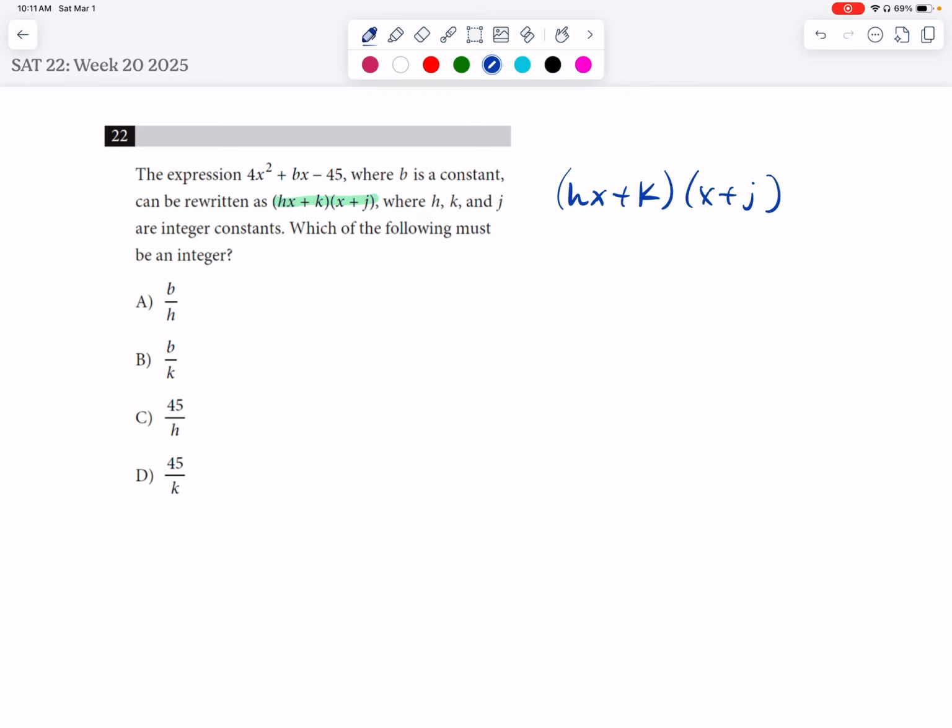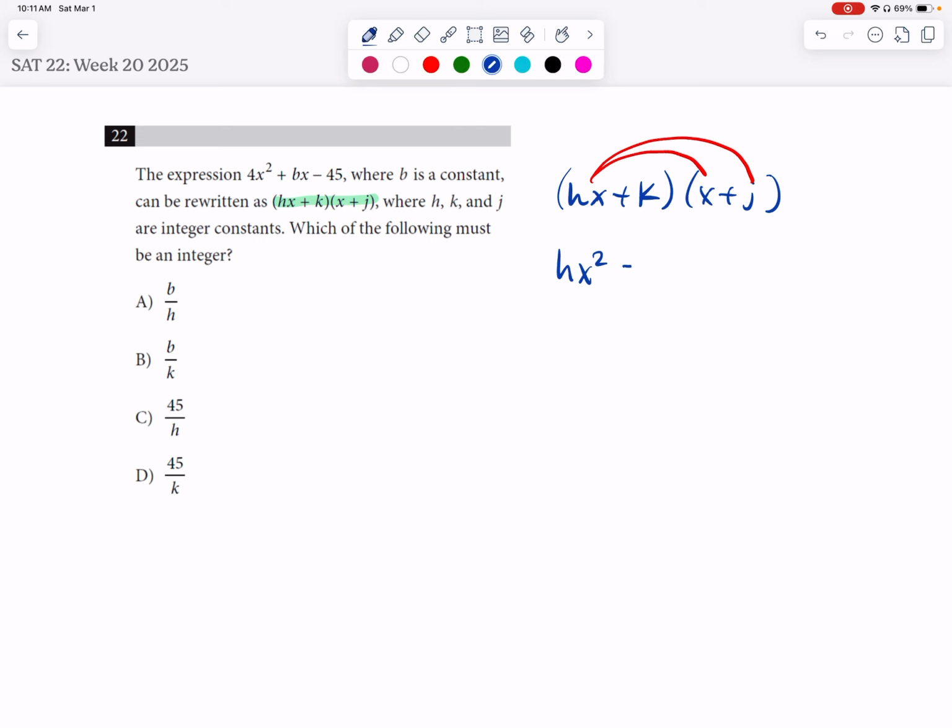So first, we'd have h times x gives us hx squared. Okay, and then our outside terms, hx times j. I'll just put these things in order with the x value last here. So there should be a plus on here.